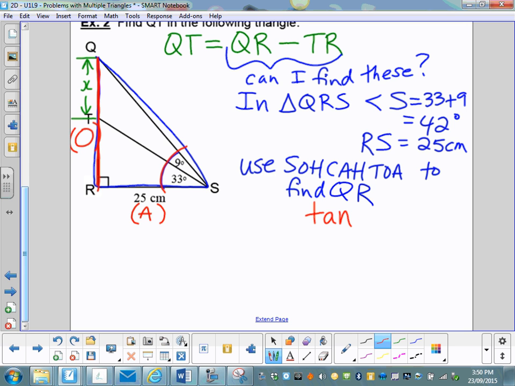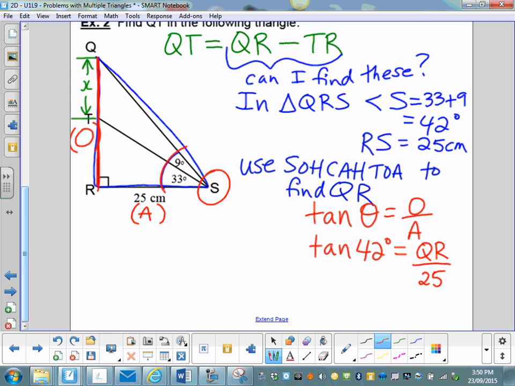So tan theta equals opposite over adjacent. The angle that I'm working with is this angle here, S, and that's equal to 42 degrees. The opposite side, I don't know. That's QR. And the adjacent side is 25.